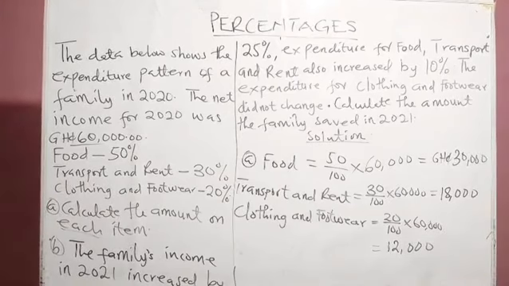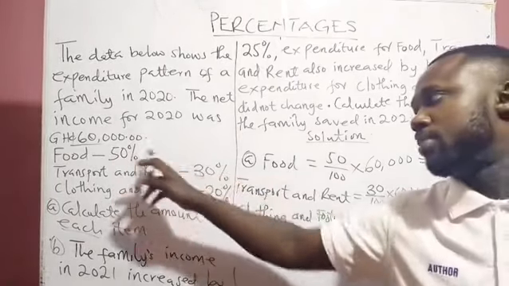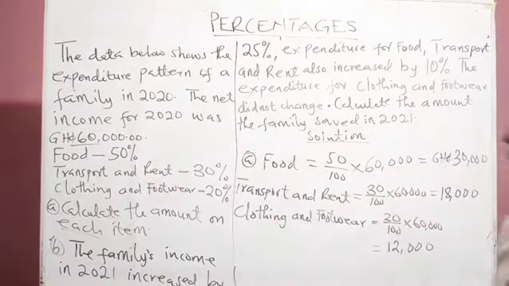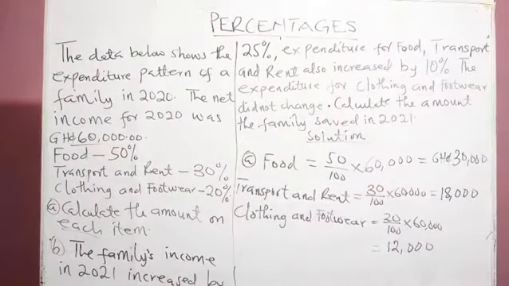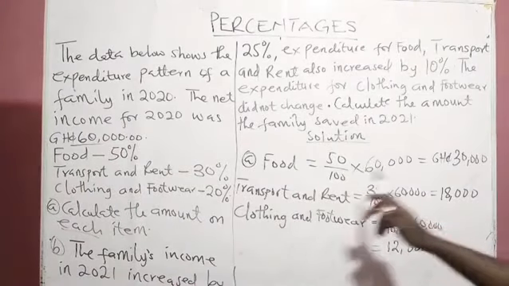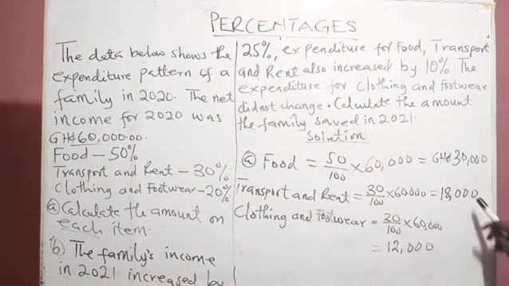And when we add what the family spent, 50 plus 30 plus 20 gives us 100, so it means that of the 60,000, the family spent everything. So food is 30,000, transport and rent 18,000, clothing and footwear is 12,000. All right, so this is what we have.